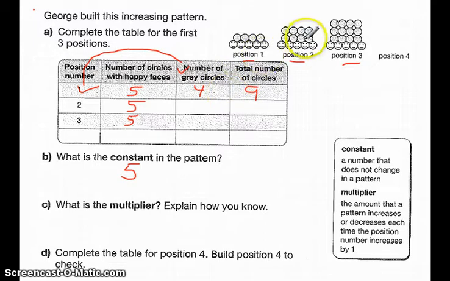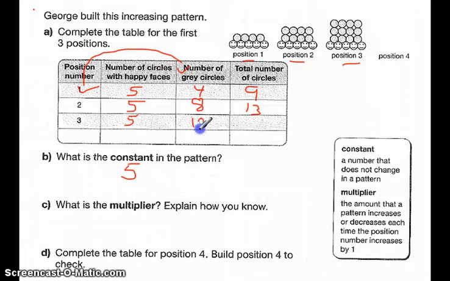Now, what do you notice about position 2? We've increased by 4 again, because now we're at 8. 8 and 5 gives us 13. My constant in position 3 is the same, 5. The number of gray circles is 4 times 3, which is 12.